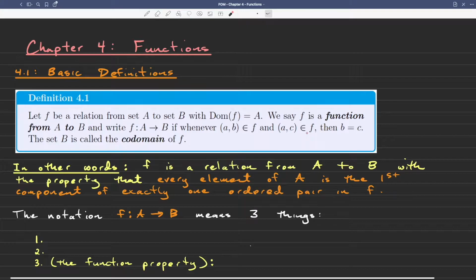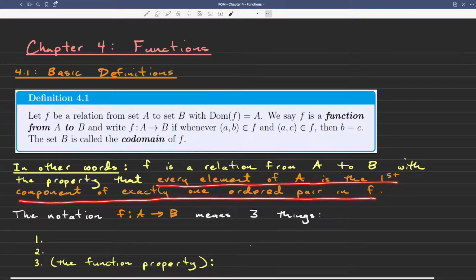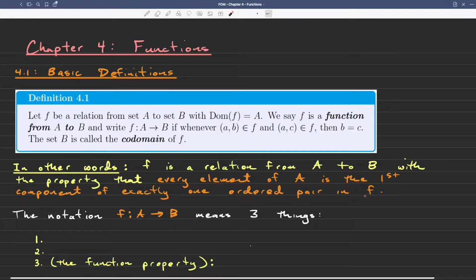How I think of a function more intuitively is that a function is a relation from A to B with the property that every element of the set A is the first component of exactly one ordered pair in F. So you don't see the first component of an ordered pair appear more than once. Each first component appears only once in the function.